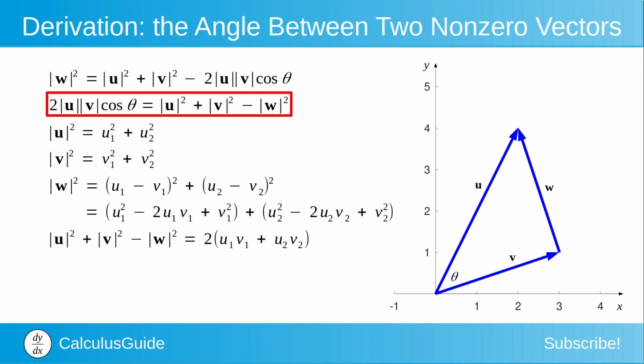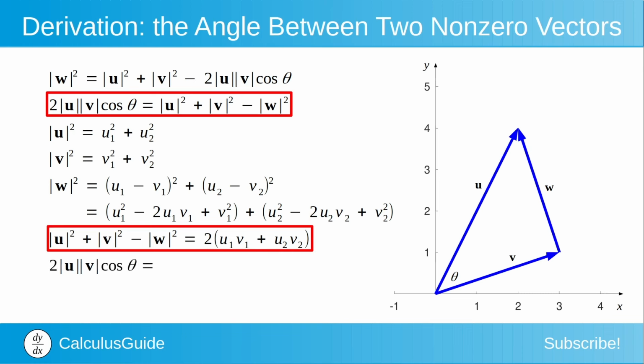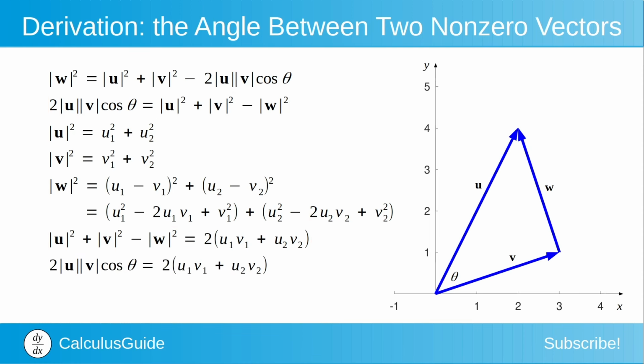Returning to our equation at the top of the screen, highlighted in red, because the length of the vector u squared plus the length of the vector v squared minus the length of the vector w squared is equal to 2 multiplied by open bracket u1 v1 plus u2 v2 close bracket, we can now express 2 times the length of the vector u times the length of the vector v times cos theta as being equal to 2 times open bracket u1 v1 plus u2 v2 close bracket.